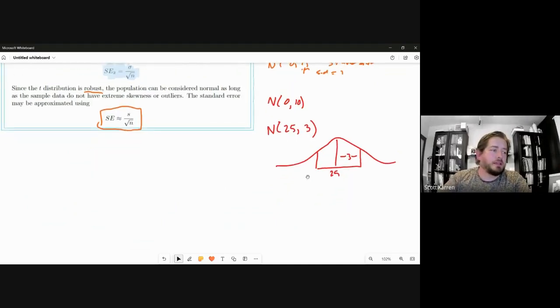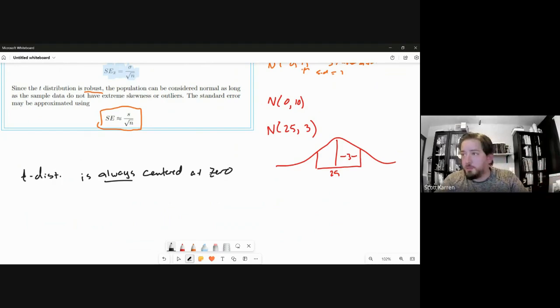But a t-distribution is always centered at 0. So it no longer relies on that parameter. It's not there. It's always 0. It's not a parameter anymore. It's a constant value. And so it only has one parameter. Right?